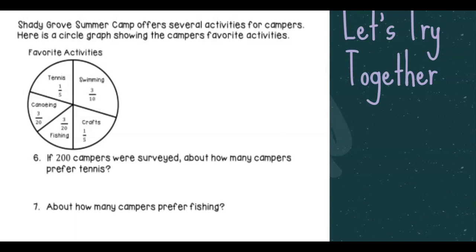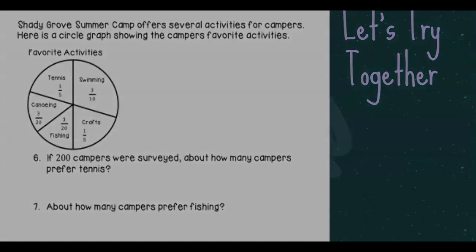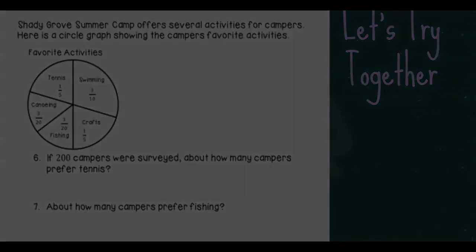And I always like to write out my key, as I shared with you guys in some of the previous videos that I've done. So I have tennis is equivalent to 1/5 of the total amount of people that were surveyed. And then the total people, and I'm going to abbreviate, was equivalent to 200.